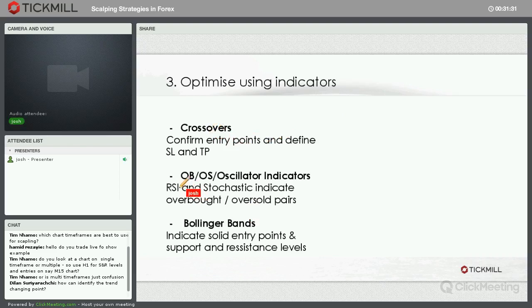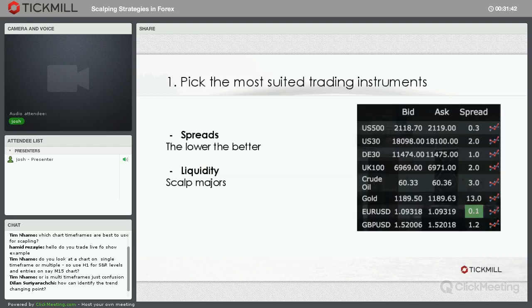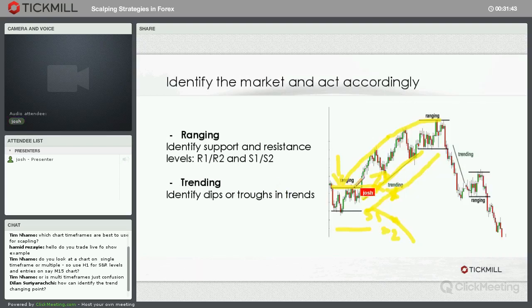You can use relative strength indices and stochastic indicators, which indicate overbought and oversold levels over certain points, again, to time your entries. For example, if you were trading this range-bound market and the price hit S2, let's say it broke through S1, it hit S2, it hit somewhere here, and at the same time you saw the price leaving oversold territory in the RSI indicator.